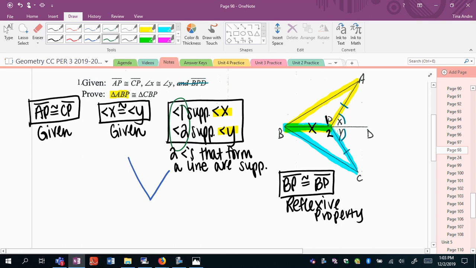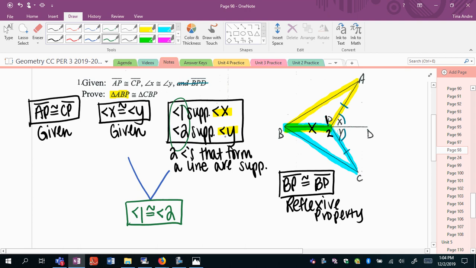So if I pair these together, knowing that X and Y are congruent and that 1 is supplementary to X and 2 is supplementary to Y, I know angle 1 must equal angle 2, no matter what the angle measures of X and Y are.